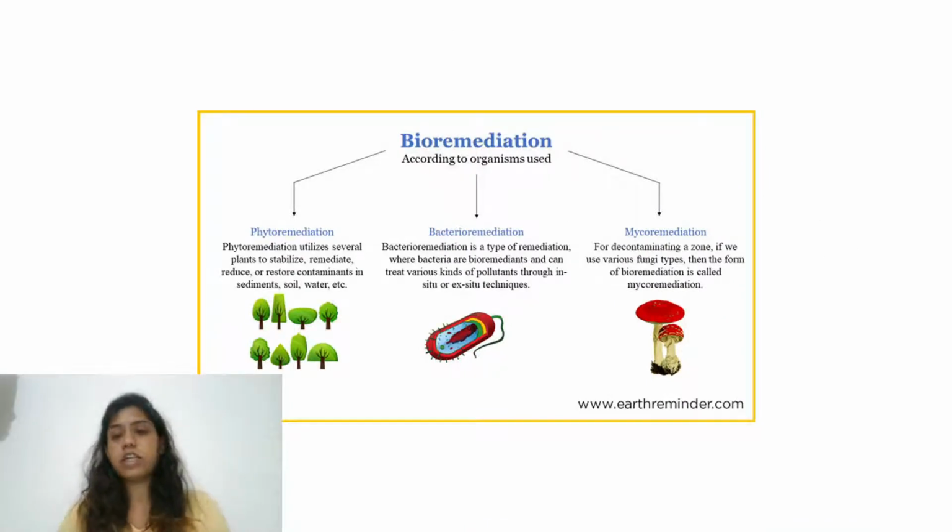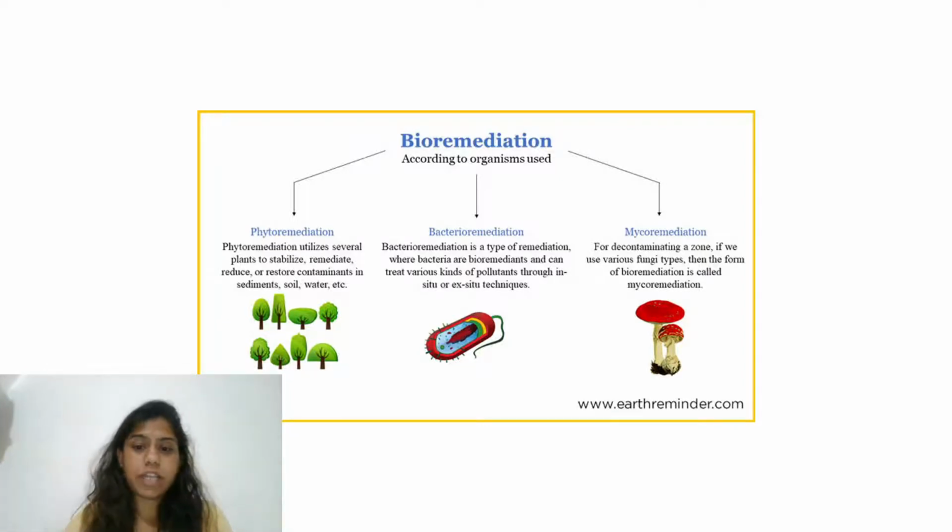Bioremediation, like I mentioned, need not be only from microbes alone. It could be done by plants, by fungi, or by bacteria. Phytoremediation is usually done by plants, where they stabilize, reduce or restore contaminants in sediment, soil, and water wherever they are found.